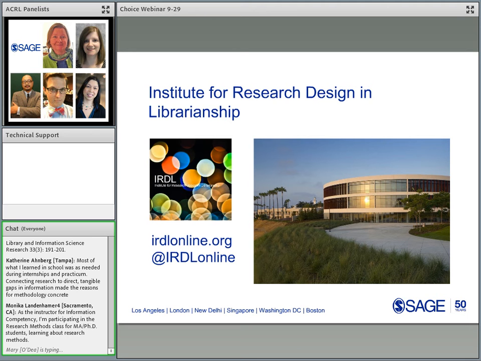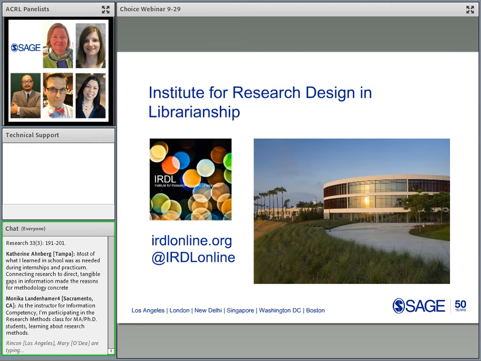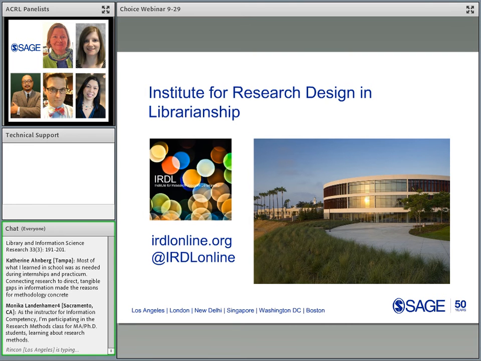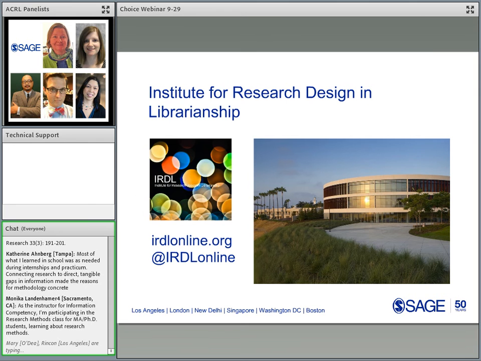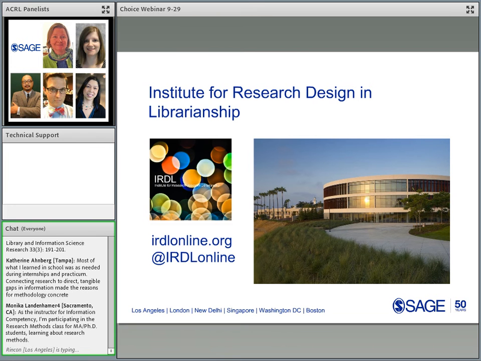We partnered with the San Jose State University School of Information and our regional consortium, the statewide California Electronic Library Consortium, and we applied for a grant from the Institute of Museum and Library Services. We were awarded a 3-year grant to build it, so in 2013, the Institute for Research, Design, and Librarianship was born. So we're now in year 2, and we're having an absolute blast running the program.